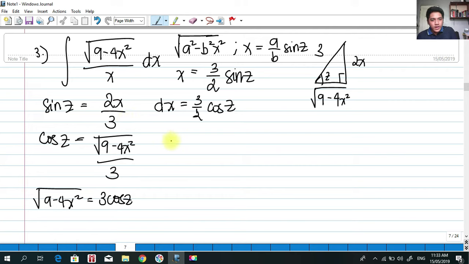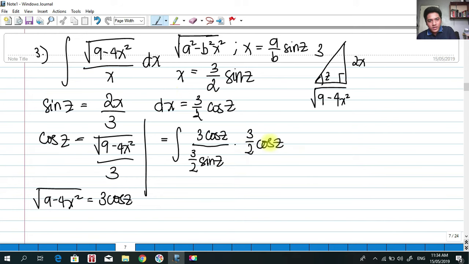Okay? So our integral will now be the square root of 9 minus 4x squared, which is 3 cosine of z, over the x value, that is 3 halves sine of z, and the dx is equal to 3 halves cosine of z dz. So what happens is 3 halves will cancel.